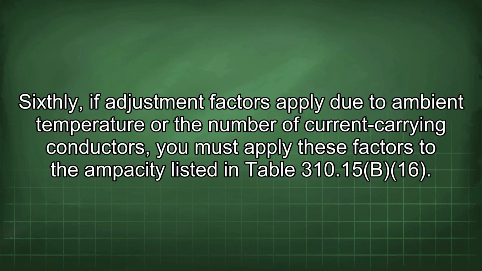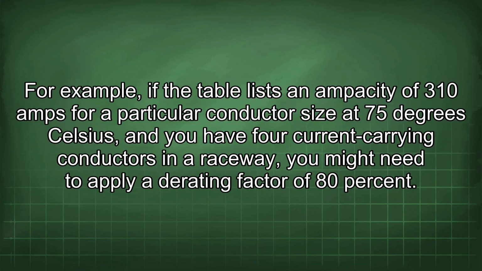Sixthly, if adjustment factors apply due to ambient temperature or the number of current-carrying conductors, you must apply these factors to the ampacity listed in Table 310.15(B)(16). For example, if the table lists an ampacity of 310 amps for a particular conductor size at 75 degrees Celsius, and you have 4 current-carrying conductors in a raceway, you might need to apply a derating factor of 80%.